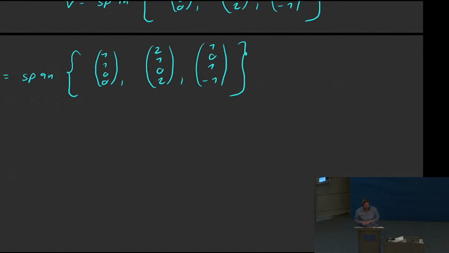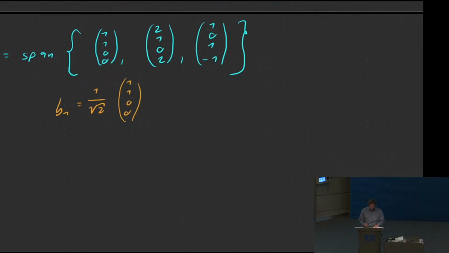That is what normalize means, right? So that means our B1 here, the first basis vector for the ONB, that was 1 over the square root of 2 times (1, 1, 0, 0), right? Because the length of this here is square root of 2. So by dividing over that, I get a vector that has a length of 1. Okay? So that was my first basis vector.